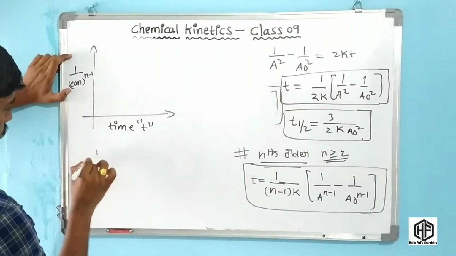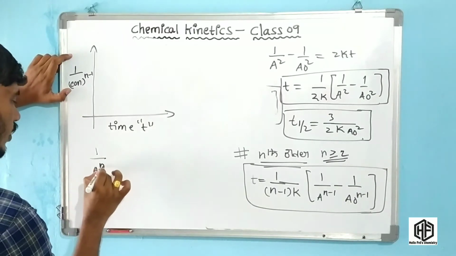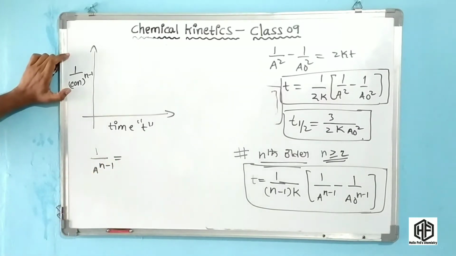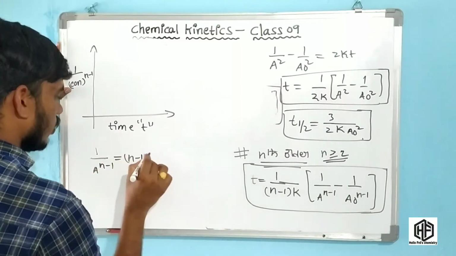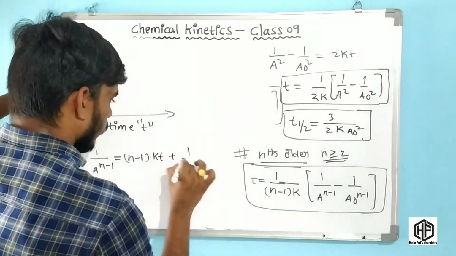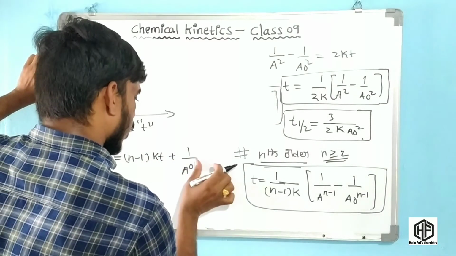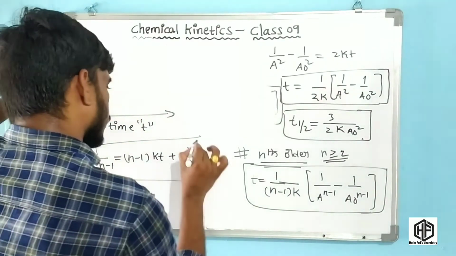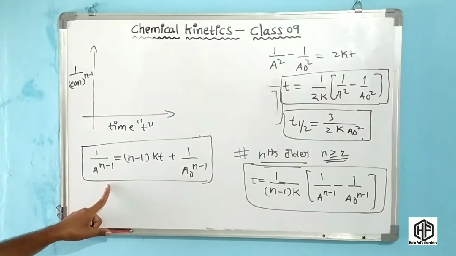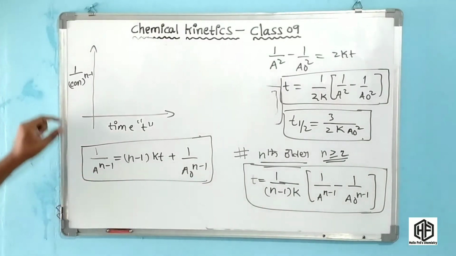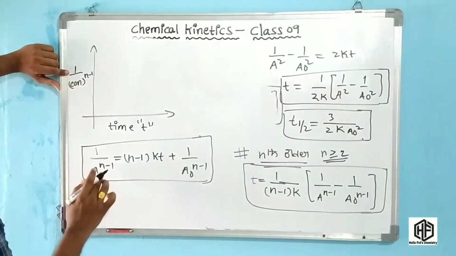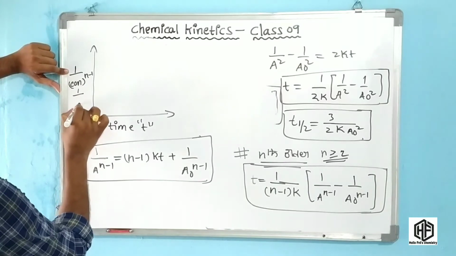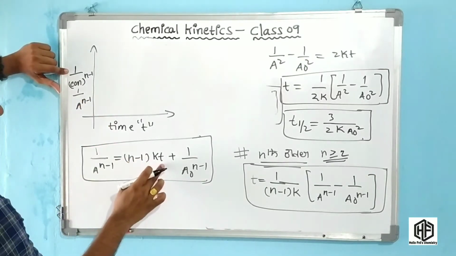It means for nth order, 1 by A power of n minus 1 is equal to (n minus 1) into Kt plus 1 by A naught power of n minus 1. This is the integrated rate law of the nth order reaction. In this, on the y-axis I represent 1 by A power of n minus 1, and on the x-axis I represent T.